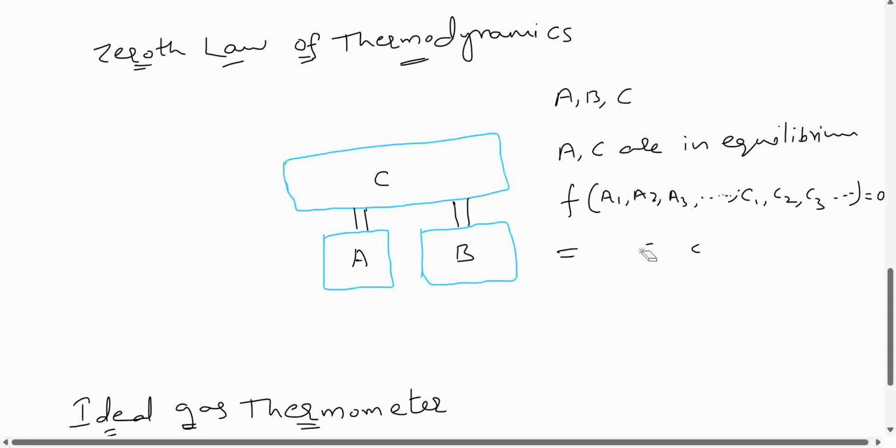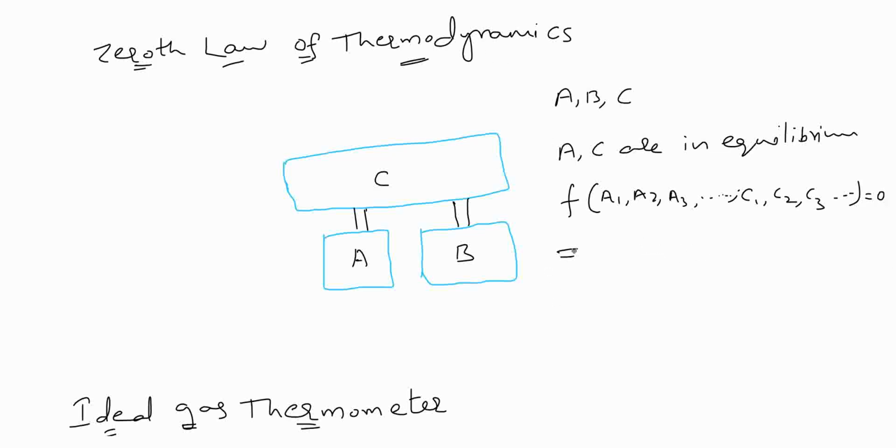Let me write theta A of A1, A2, and so on to An equal to theta C of C1, C2, and so on to Cn. So this is one equation that we can get.